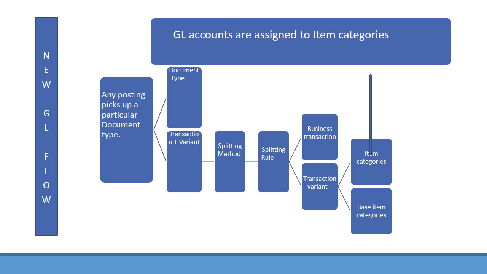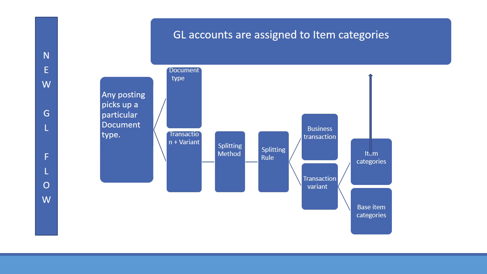So, any posting picks up a particular document type. The document type is assigned to what is called a transaction variant. The transaction variant has got a splitting method. The splitting method has got what is called a splitting rule, and the splitting rule has got what is called a business transaction and transaction variant attached to it.